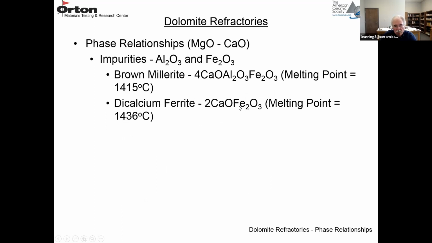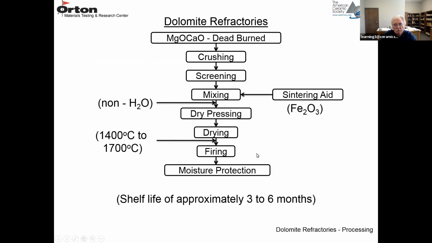You have to be careful how much you add. If you have these types of reactions taking place, you're going to form some low melting materials. Now, when you go to dry press this, you can't use water, so you have to use some kind of organic liquid. Otherwise, you rehydrate the CaO portion of dolomite.